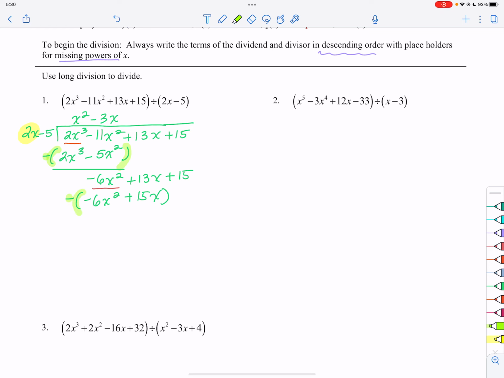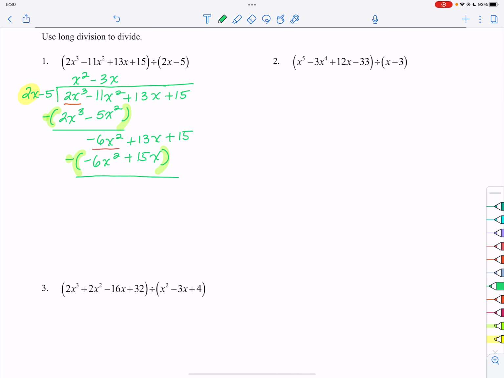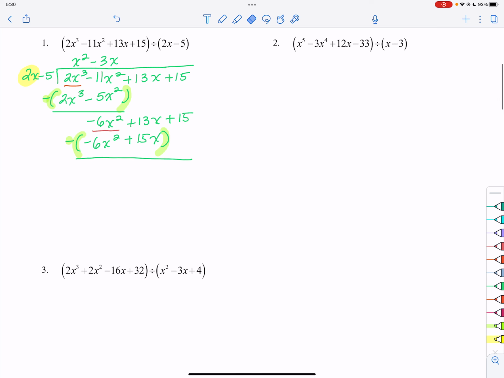I'll just highlight these on this problem just while we're getting used to it. And let's go ahead and subtract. So we have 13 minus 15 is a negative 2x. And then we'll bring that 15 down. Now, as you can see, we can keep going because I'm focusing on this negative 2x, and I can multiply 2x by a negative 1.